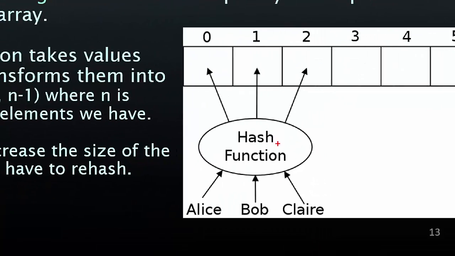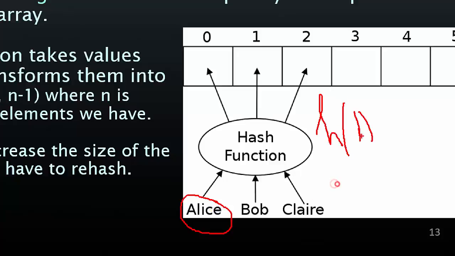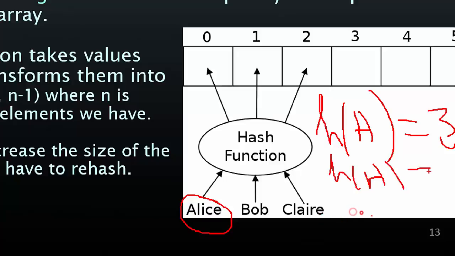So this hash function, each time you give Alice, it's always going to give the same number. It's like a method of coding this Alice and turning it into a number. No matter how many times I give h of Alice, I'll just call it a, it's always going to give me the same number. I'm just getting one number at random. I'm not saying that it's going to be 3 always, but let's say that it's 3. No matter how many times you call h of a, it's always going to give you 3. So Alice will always be at 3.